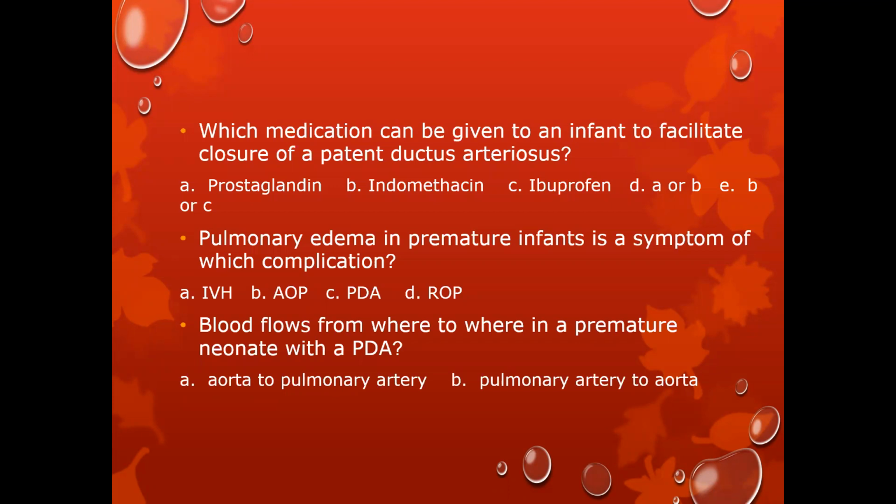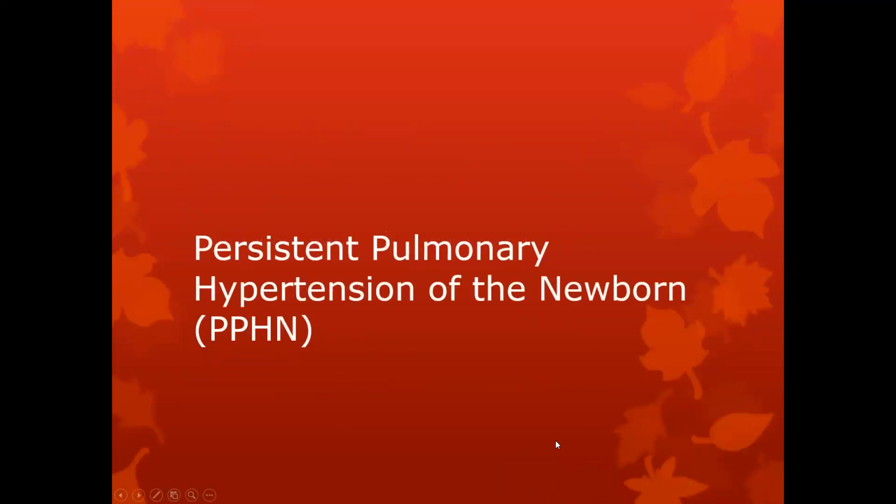Blood flows from where to where in a premature neonate with a PDA? Very good. Letter A, aorta to pulmonary artery. Right, so that was it for PDA.